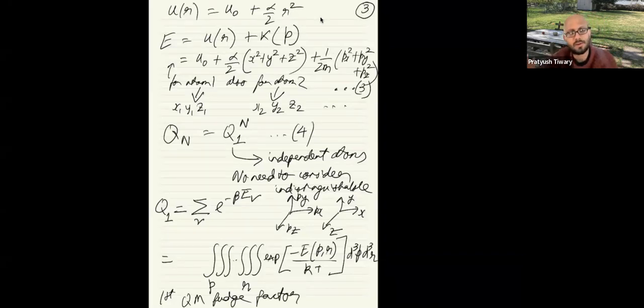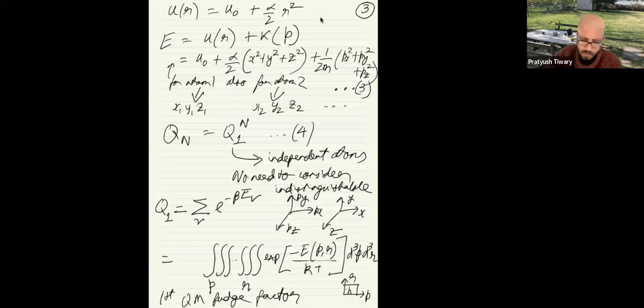As I mentioned, I'm not worried about indistinguishability at this board. In fact, in your midterms, there will be no points deducted whether you got something correct or wrong due to indistinguishability. Don't worry about that. Here, I want to introduce a bit of quantum mechanics and take into account that quantum mechanics says that in phase space, the resolution that you have is limited by Planck's constant h, right?